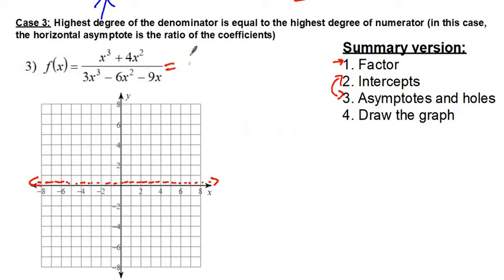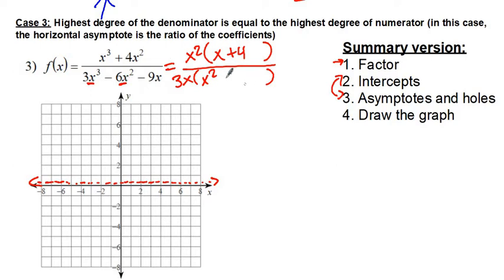So let's factor. The top has a common factor of x squared, and when we pull out an x squared, we're left with x plus 4. The bottom has a common factor of, actually, I'm sorry, it has a common factor of 3x. When we pull out the 3x, we are left with, if you divide this by 3x, x squared.